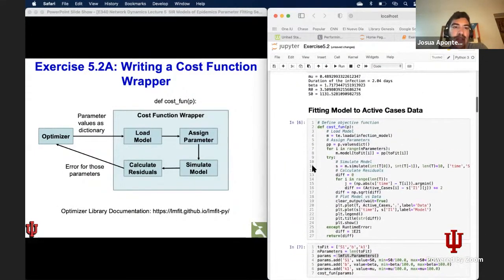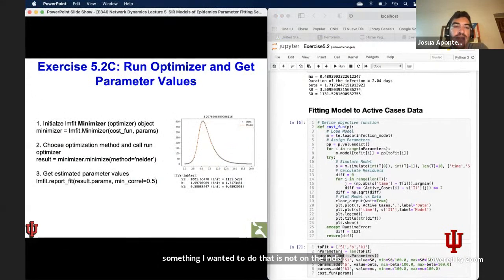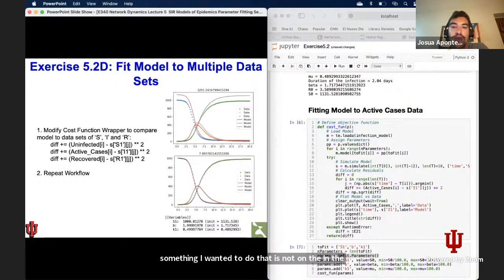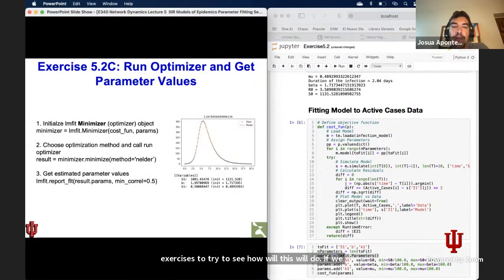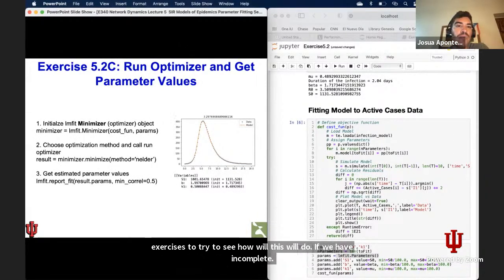Something I wanted to do that is not in the exercise is to try to see how well this will do if we have incomplete data.